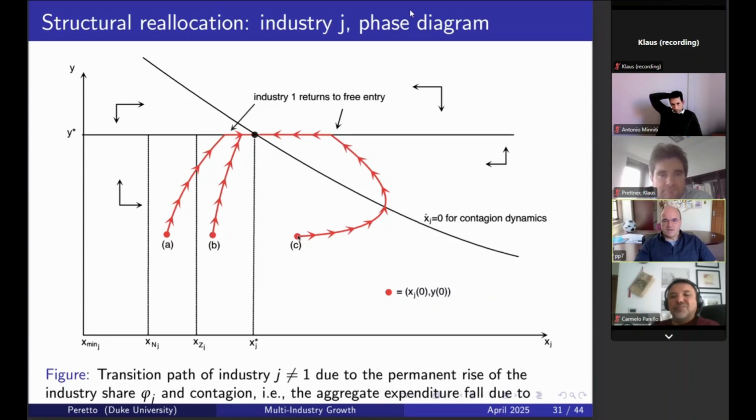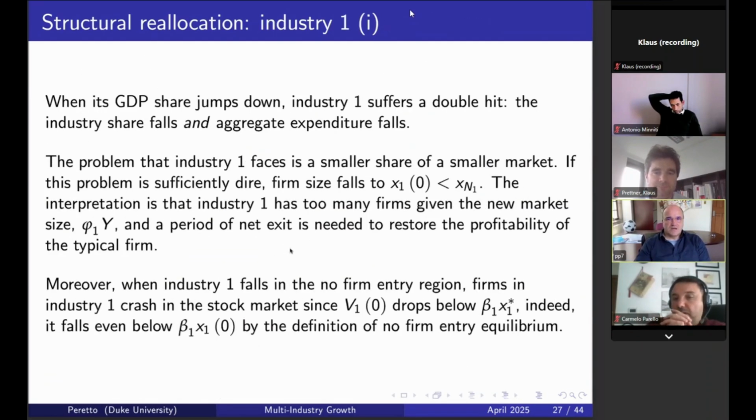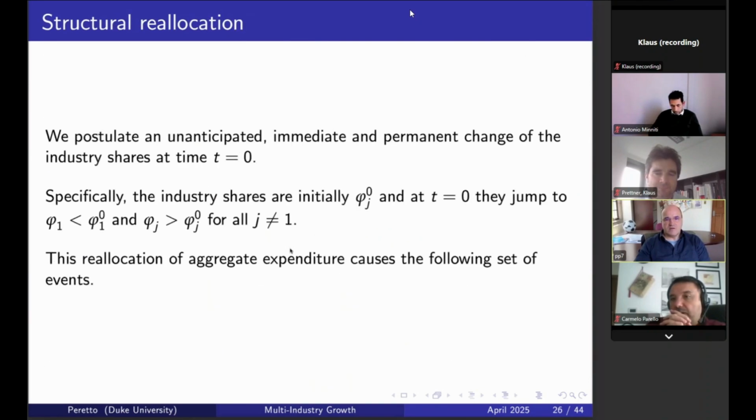I'm going to give you an example of how to engineer something like this. We can play with the fundamental parameters and construct a structural reallocation shock. Defined as, for some industry, for some reason, the industry shares are initially phi j superscript 0, to denote the initial industry share.